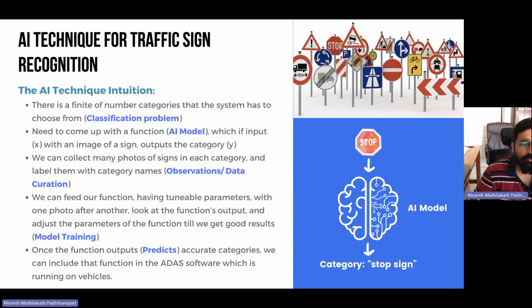This is called data collection or curation, the same as making observations. We made volume and temperature observations, right? So this is the same. Then we can feed our function, the AI model, which has tunable parameters. In y equal to mx, we were guessing the parameter m, which is the changing parameter.